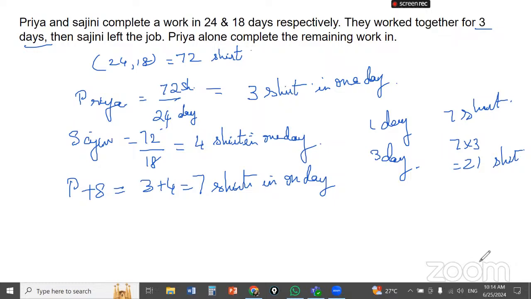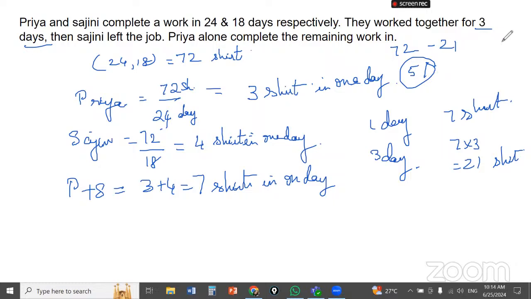Now, after 3 days, Sajni is moving away. She has some work, so she's not continuing the work. So the remaining work has to be done by Priya only. Totally we have 72 shirts. In that, together they have completed 21 shirts already. So the remaining is 72 minus 21, that is 51 shirts. This has to be completed by Priya only.